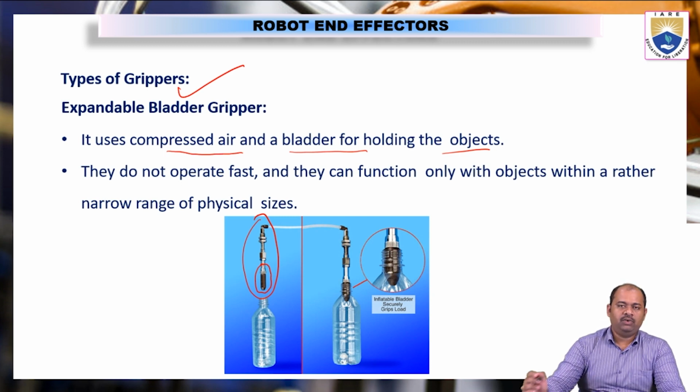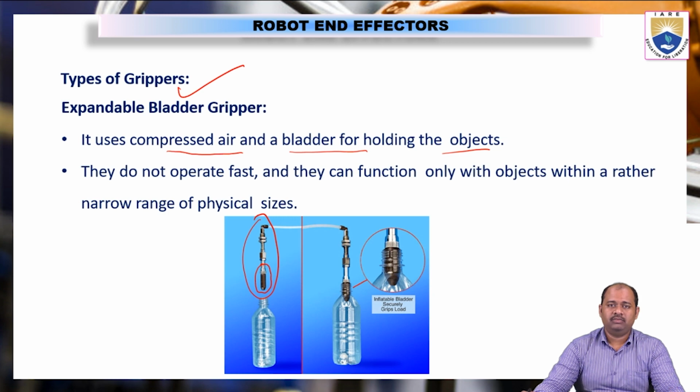Okay, so this operates very slowly when compared to other kinds of grippers, because we have to carefully insert the bladder into the bottle and then carefully inflate it. We have to send compressed air slowly, without causing any damage to the bottle. We have to send only a little amount of air.